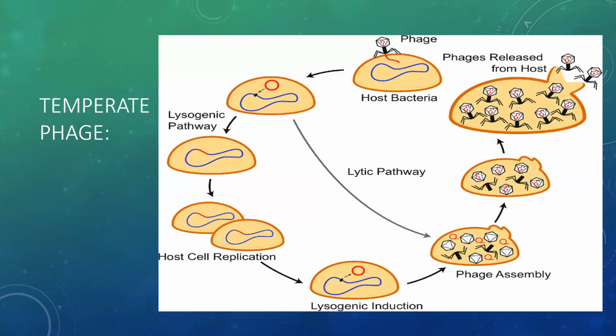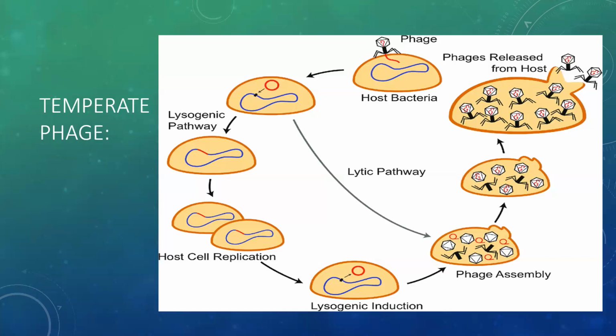These temperate phages can replicate with the bacterial chromosome, or they have the ability to replicate independently, so that they will be assembling to form new phages.